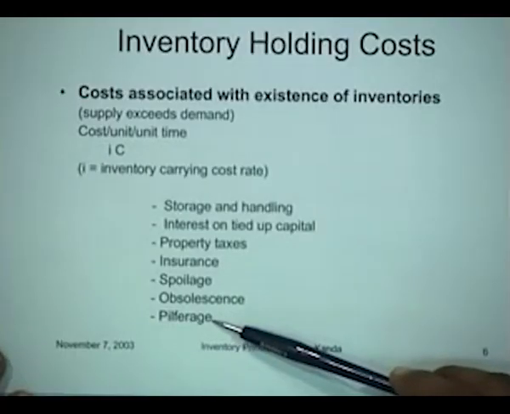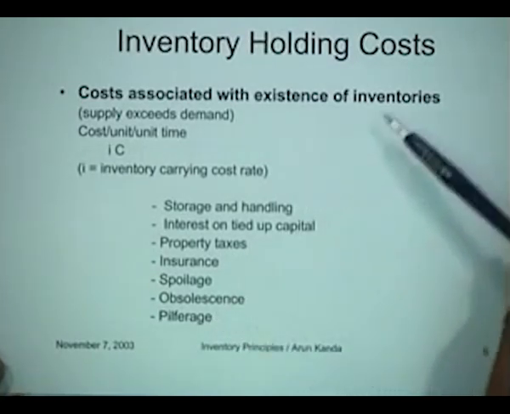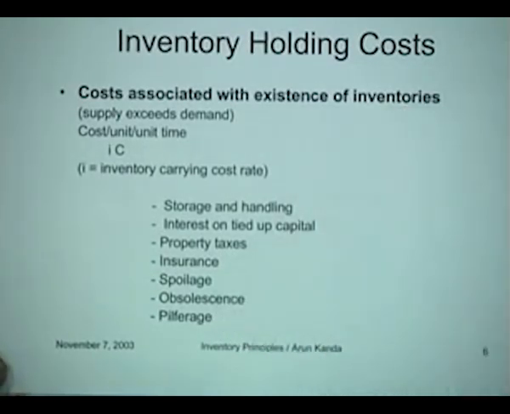Pilferage is another important thing. Most stores would have data available on, let's say, if they have stocked 1000 items, at the end of the day maybe 20 are pilfered. So that additional cost is a cost of pilferage when items are being stored.